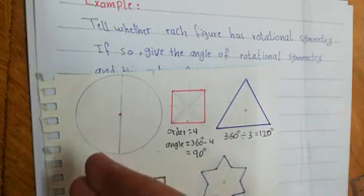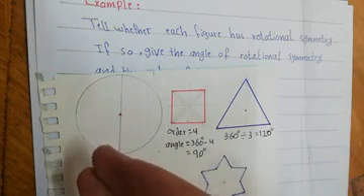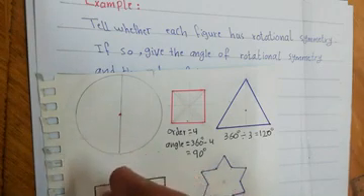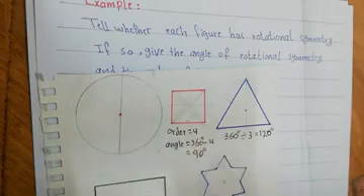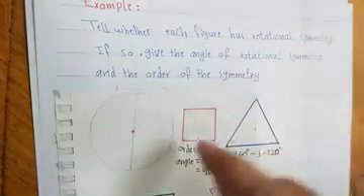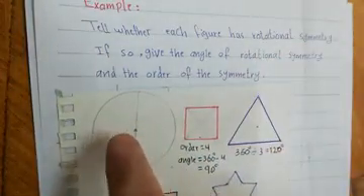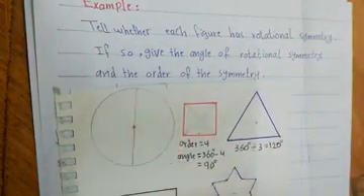There are many rotational symmetries, and what is the order of symmetry? It is infinitely many times.